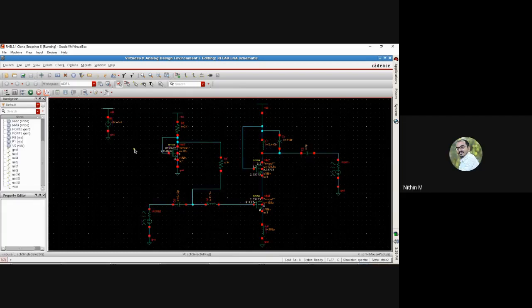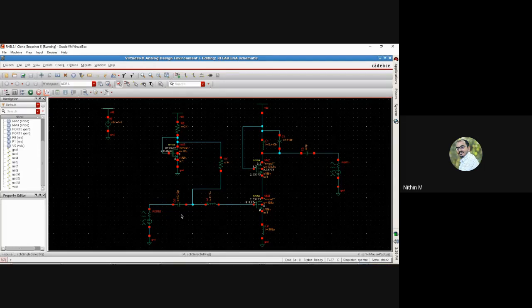This is the LNA, the nonlinear system we were using. Today we will see how to get the IP3 value of this nonlinear system. We will use harmonic balance analysis and apply two signals to the input as a two-tone test, so that at the output I get a fundamental component and an intermodulation component, similar to how we did the theoretical analysis.